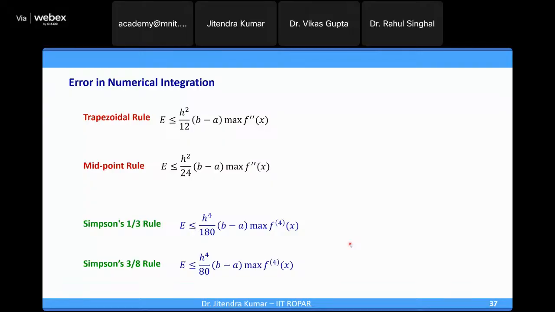We try to keep things as simple as possible, with as few function evaluations as possible, and therefore these higher order methods must be used instead of using low order methods and taking so many intervals. It is better to take fewer intervals and apply higher order methods, so they will give you better accuracy.